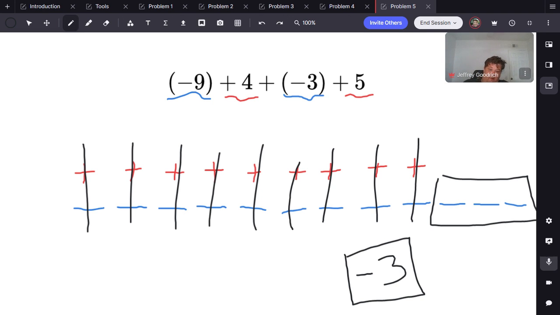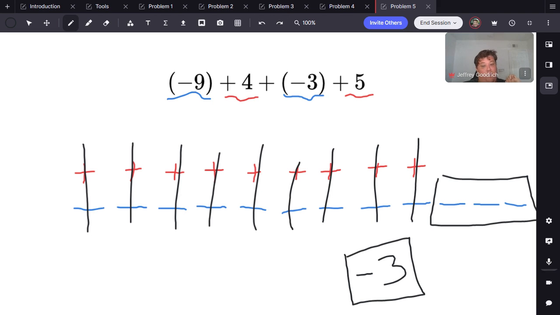So the whole point of this exercise is to try to understand that the positives and negatives cancel out. Essentially, what you're just doing is subtracting the numbers. We're subtracting 9 from 12. Since we have 12 negatives here, we're still left over with a negative number.